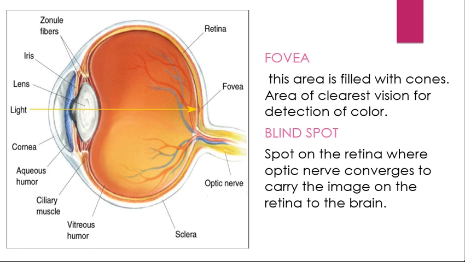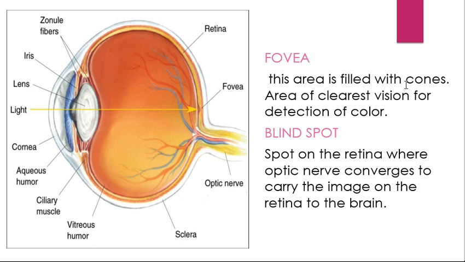Fovea. Okay, in the center of retina, there is an area which is filled with cones. And this is the area of clearest vision for the detection of colors. So fovea is the part of retina where cones are present.